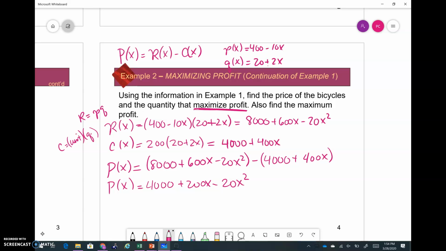Maximizing or minimizing any function, you've got to take the derivative. So I want you to take the derivative, find that critical number, and then come back and check. Pause the video and do that.